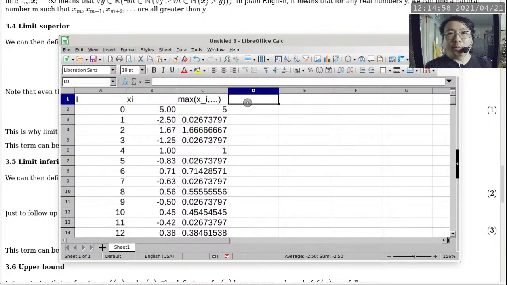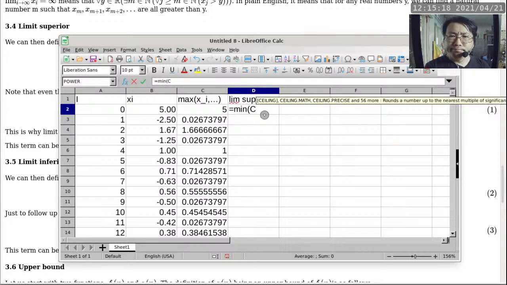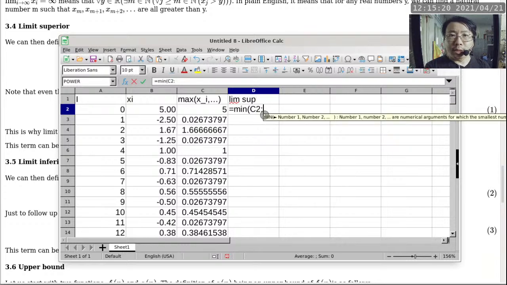All right, so now we want to look at the limit superior. The limit superior, there's only one, okay? Because the limit superior is taking the minimum of all the maximums. So now this becomes the minimum of this entire thing. So it goes from C2 all the way to C188.